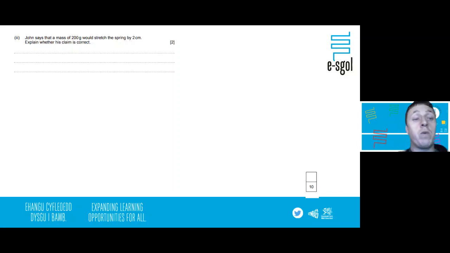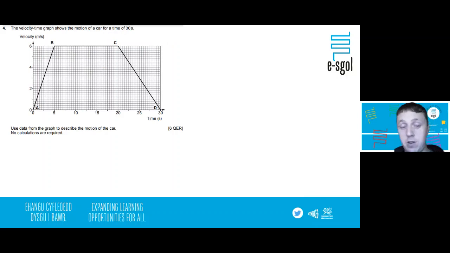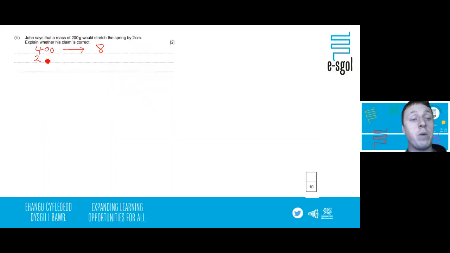So here, what we might see is if we remember that 400 previously produces an extension of 8, then if we think about it and remember what we learned about Hooke's law, in which they are directly proportional, if we halve 400, we would get 200, and we would expect the same to happen to the extension, and we'd expect an answer of 4 centimeters to be obtained.